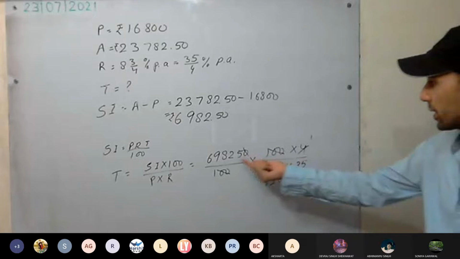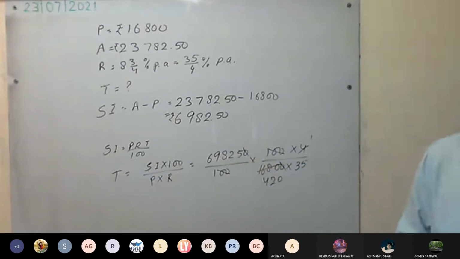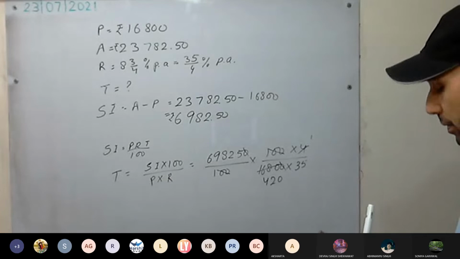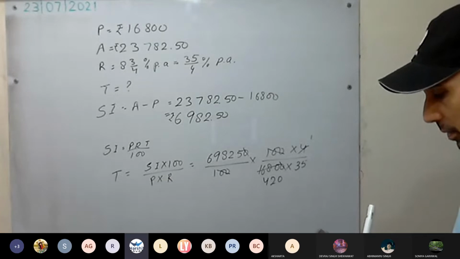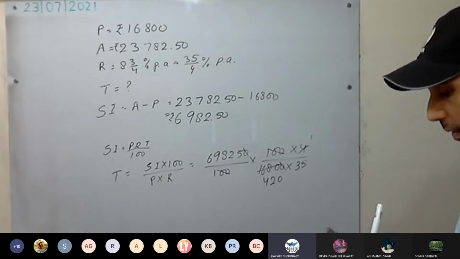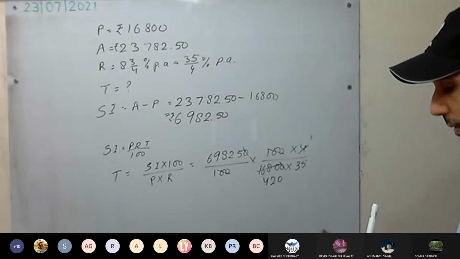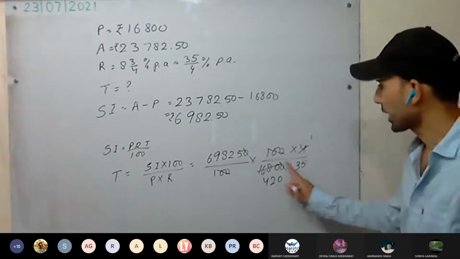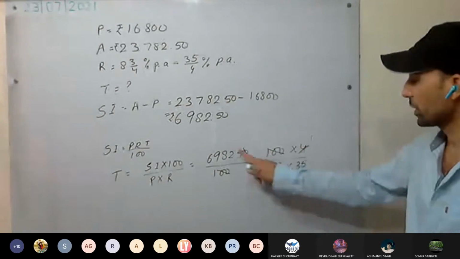Now they are divisible as well. It is divisible by 35, by 5 and by 7 as well. You can cancel once with 5 and once with 7.